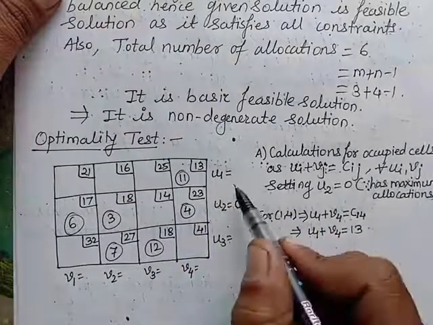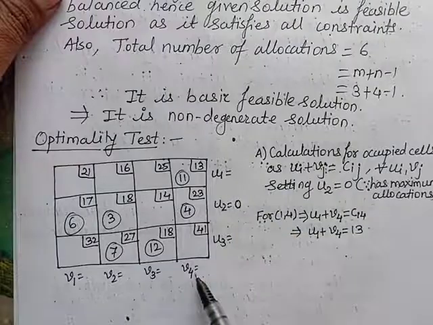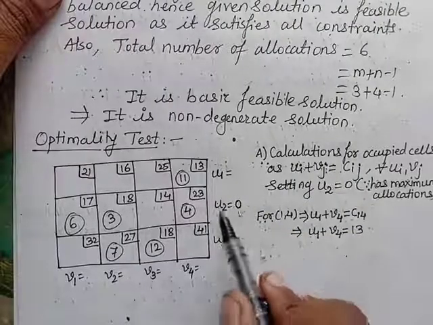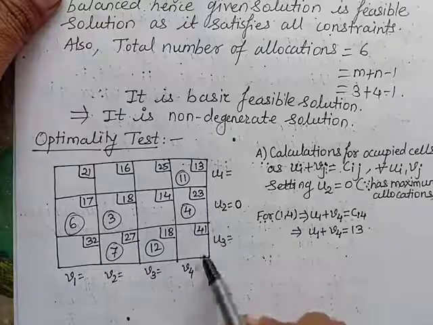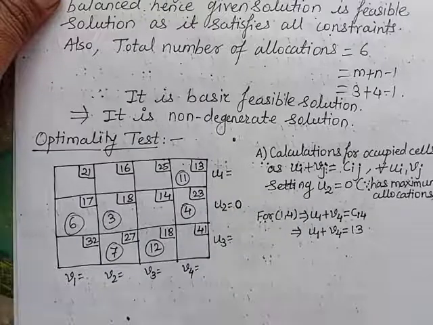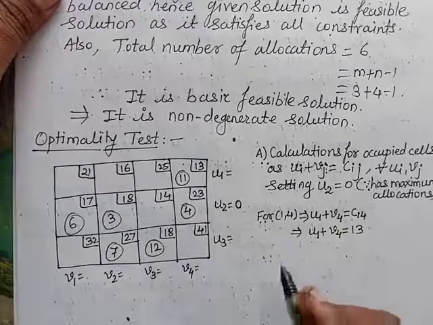But here we don't have the values of u1 as well as v4. So first we will use u2 and determine the others, so that we can easily determine u1. Let me keep it as it is.